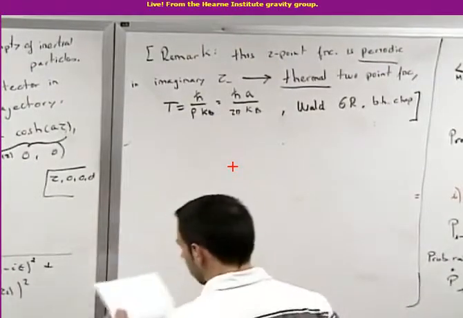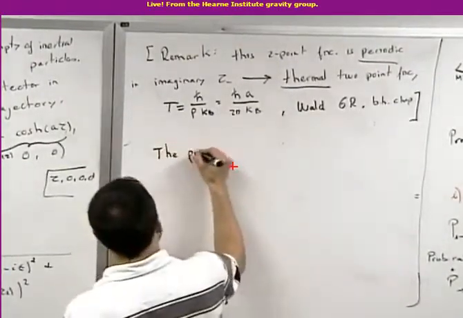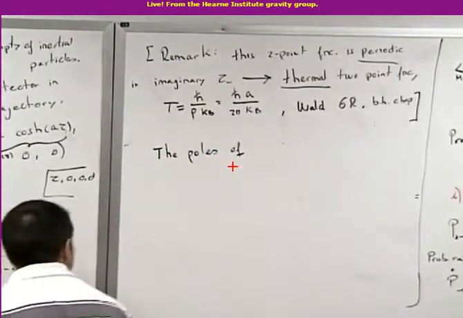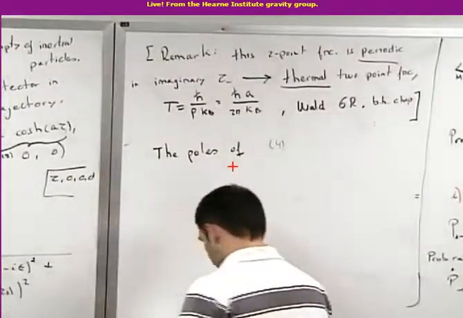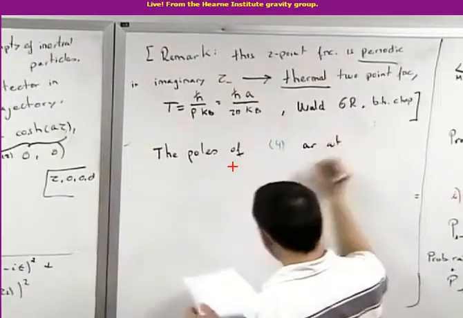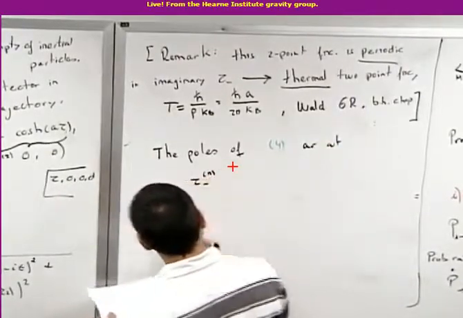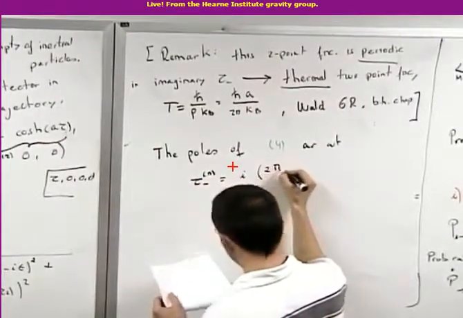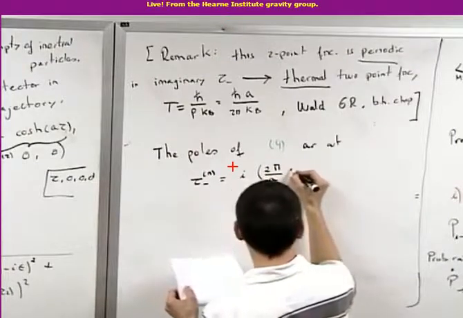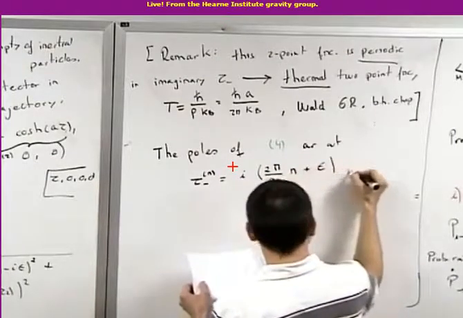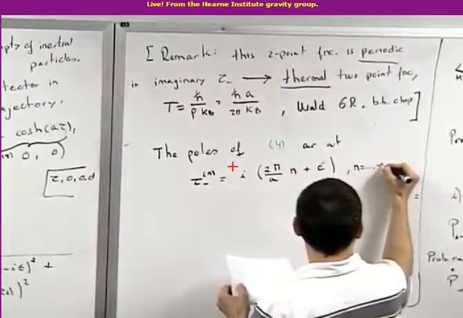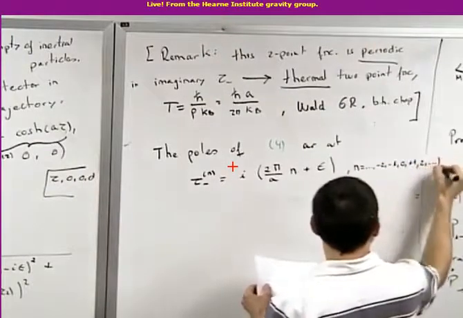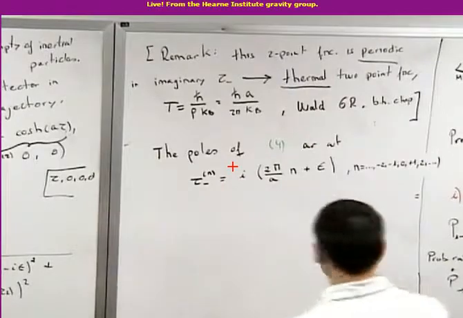You can see that the poles of that two-point function, let me give it a number, this 4, are at, labeled by n, on the imaginary axis, 2 pi i over a, times n plus epsilon, where n can be a positive or a negative integer. So it has infinitely many poles.